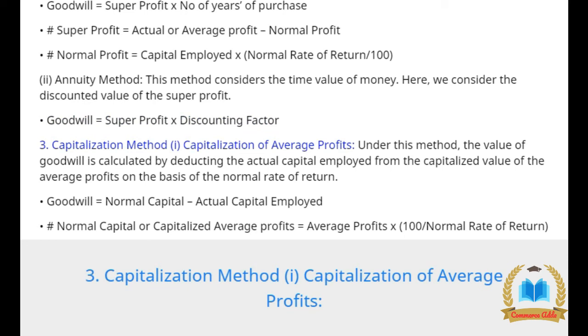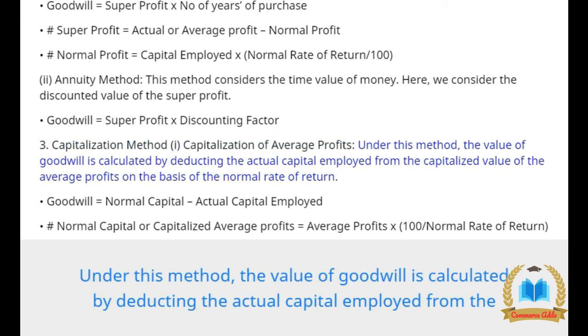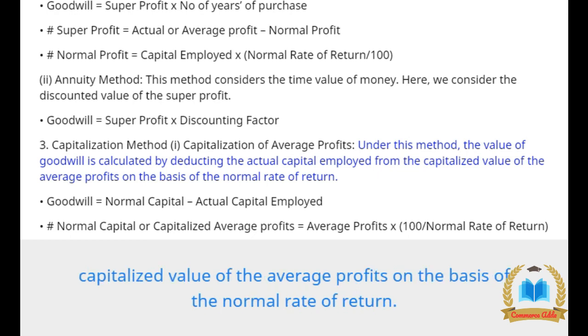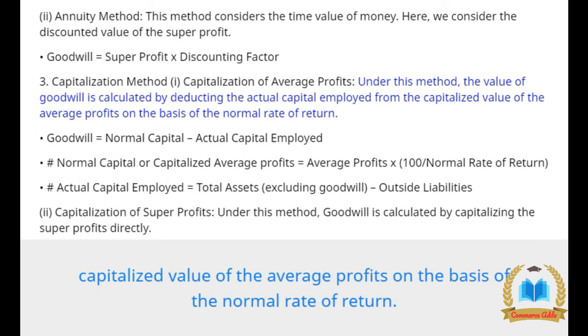3. Capitalization method. I. Capitalization of average profits. Under this method, the value of goodwill is calculated by deducting the actual capital employed from the capitalized value of the average profits on the basis of the normal rate of return.